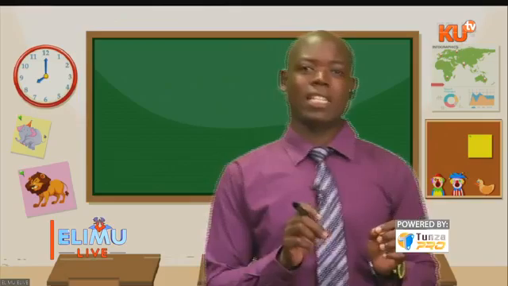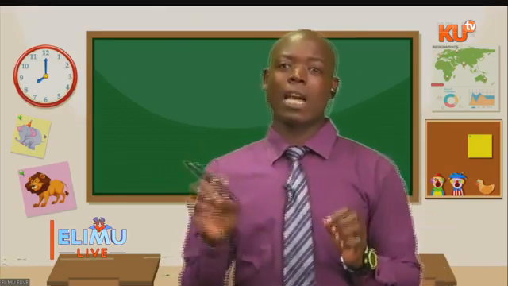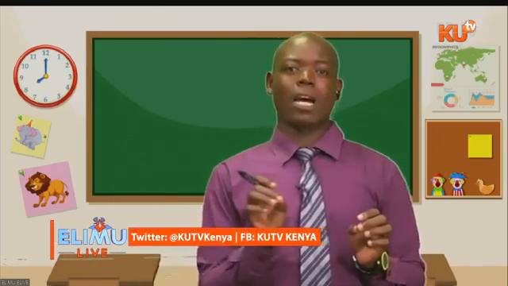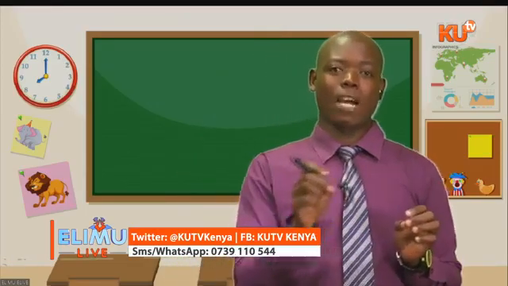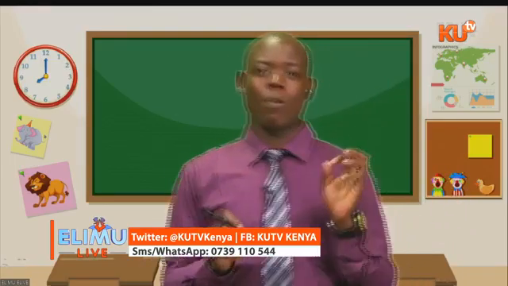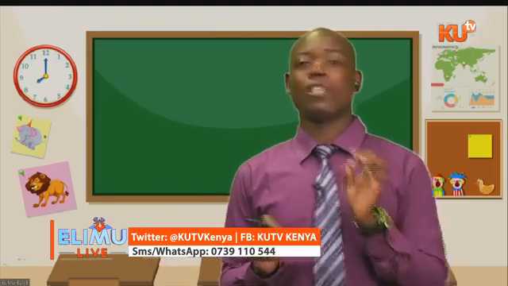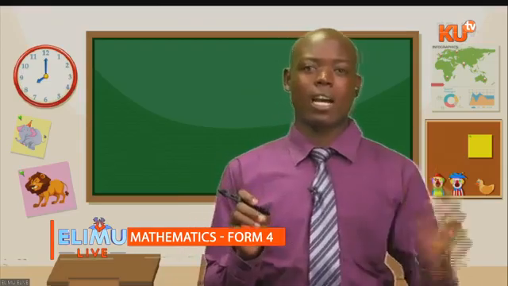But for a series, we don't separate the terms with commas, but rather we write them using addition signs. So for a series there is plus, and for a sequence there are commas, because a series is the sum of terms in a sequence. And therefore, we have two series: an arithmetic series and a geometric series, because we have talked about arithmetic sequence and geometric sequence. So when you add the terms in an arithmetic sequence, we obtain an arithmetic series.